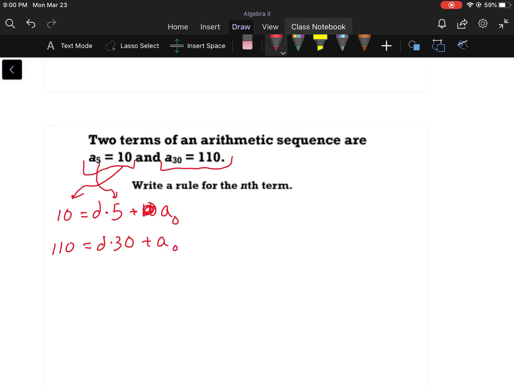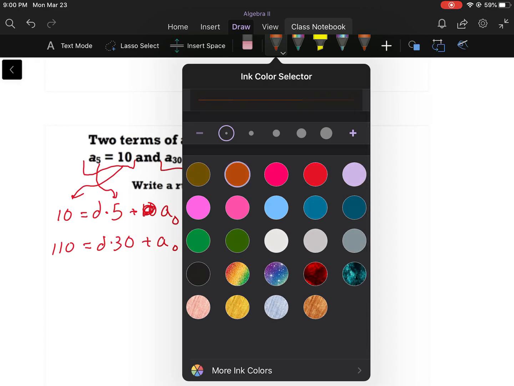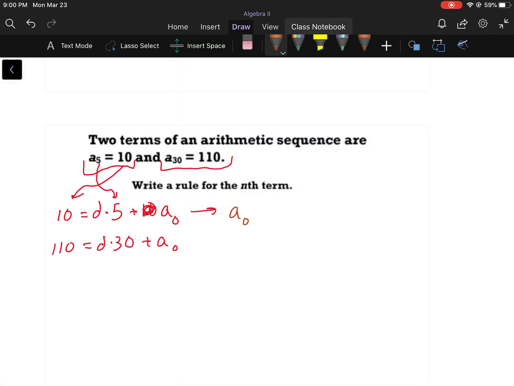And really, this is the solving equations of two lines. I could do it multiple ways, but I'm going to do substitution. So I'm going to pick the top one, and I am going to make it so that I have a sub 0 by itself. So I'm going to subtract 5d from both sides. And then I'm going to take this, and I am going to plug it in right there.